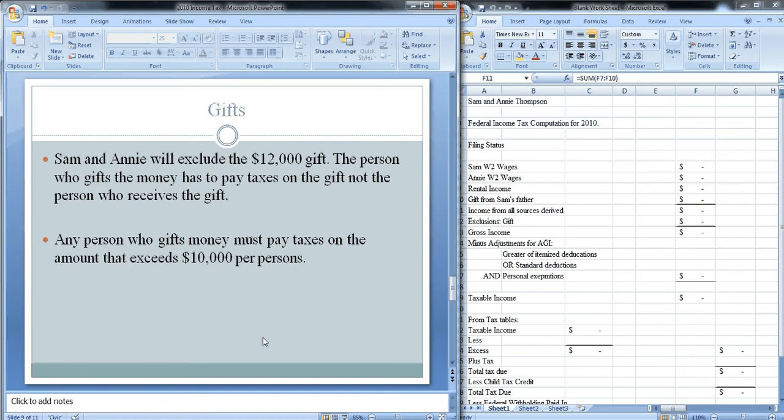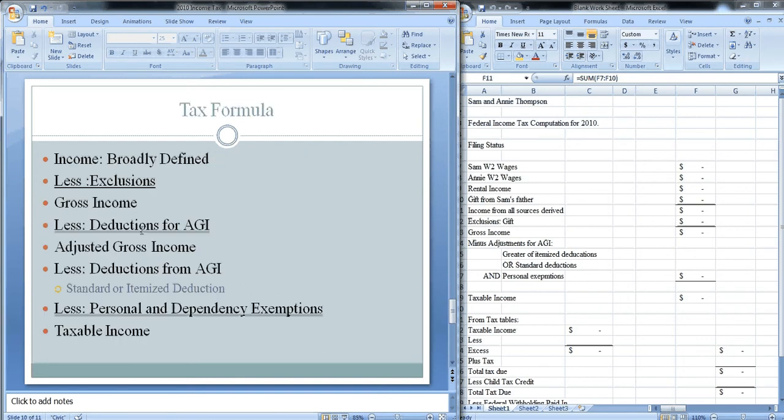So any person who gives gifts of money must pay taxes on the amount that exceeds $10,000 per person that they gave a gift to. So Sam's dad will actually have to pay taxes on $2,000 from that gift. But Sam and Andy will not have to pay any taxes on that.